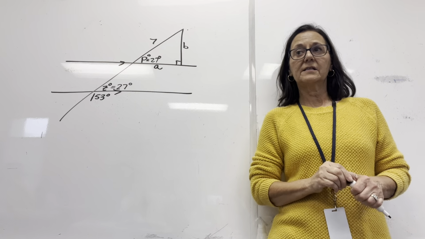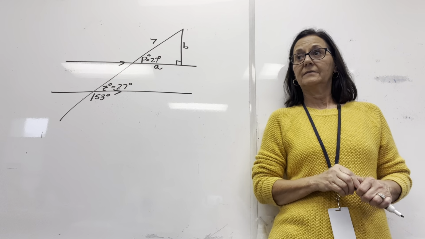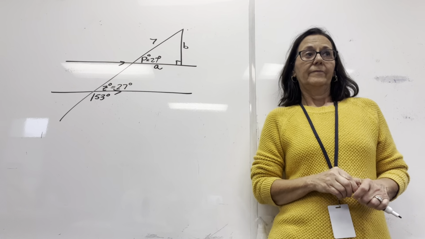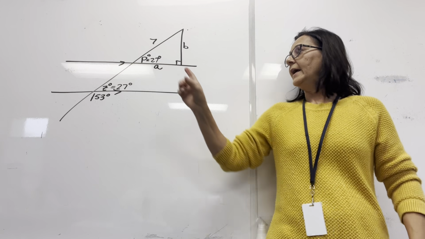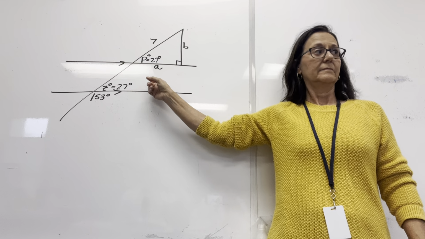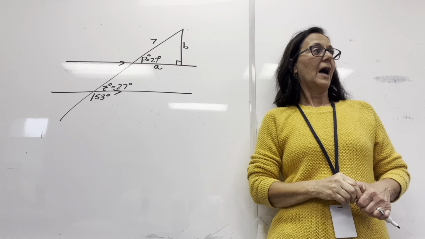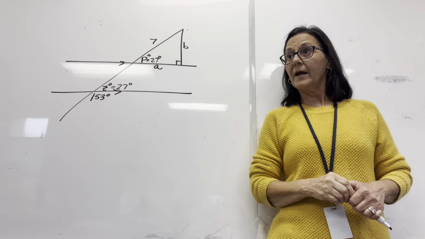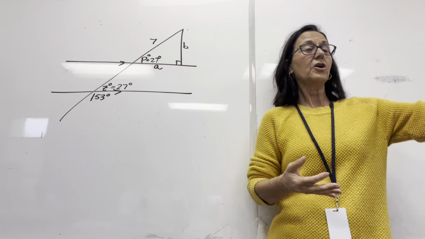Your next test is heavy trig because this is foundational for pre-calculus. In relation to angle 27, A is what side? Adjacent. 7 is the hypotenuse. So I'm using the trig ratio that uses adjacent and hypotenuse, which is cosine.